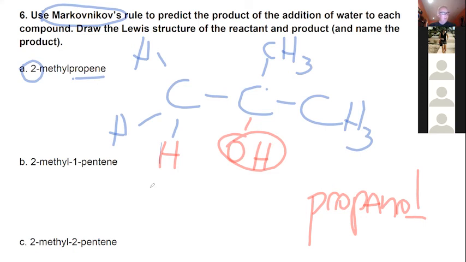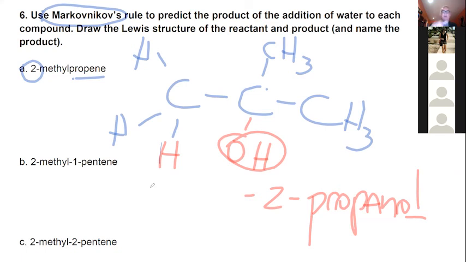And we have to say where the hydroxyl group is. It's at position 2. And then, does it have any substituents? Yes, it does. What's the substituent? So is it 2-methyl?